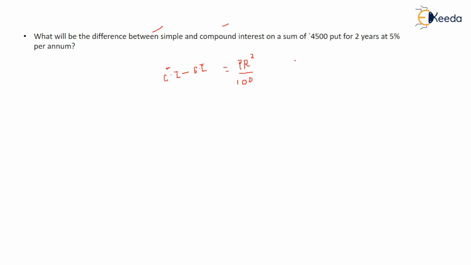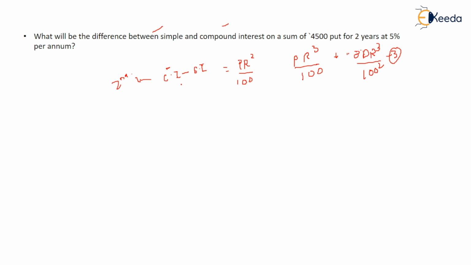That formula is P r cube by 100 cube plus 3 P r square by 100 square. This is the formula that you have to apply for 3 years. The difference is asked, and for 2 years, this is it. Sometimes there are formulas that you have to remember, so this is one of them.